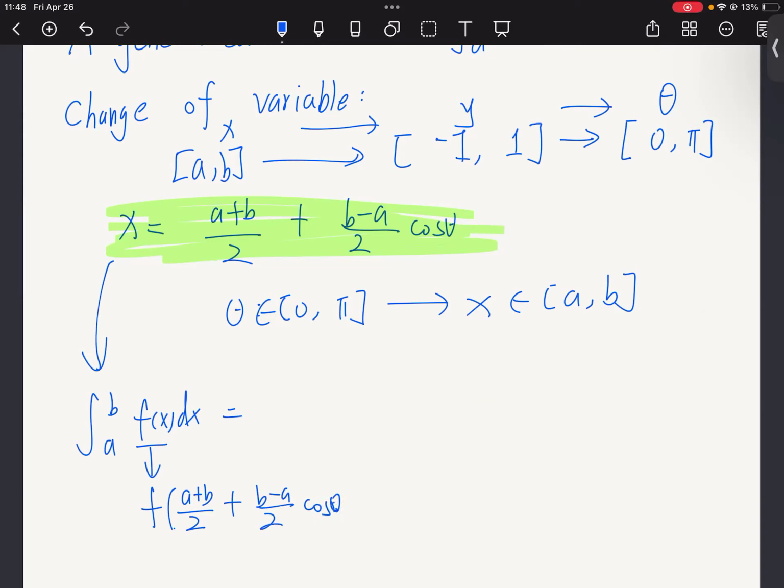And I'm going to define this function as a function of theta. Just substitute the x with that formula.